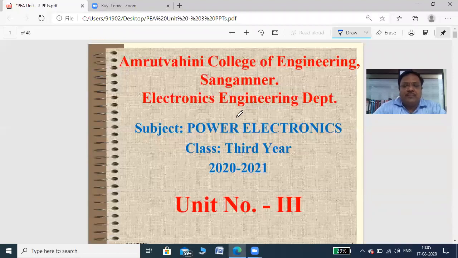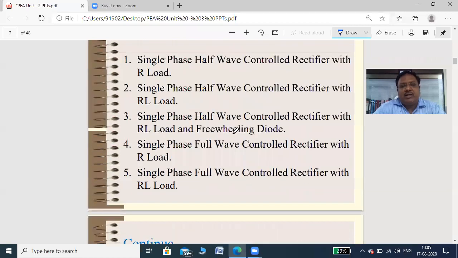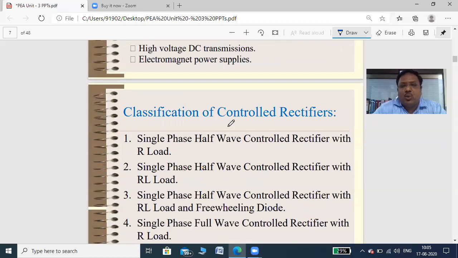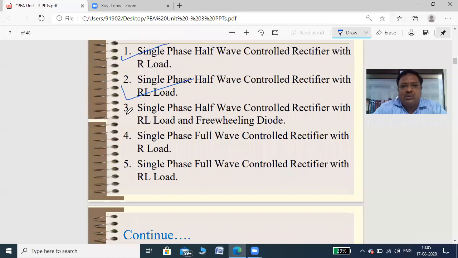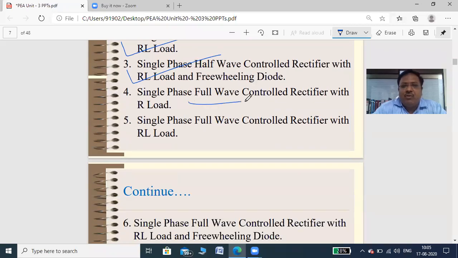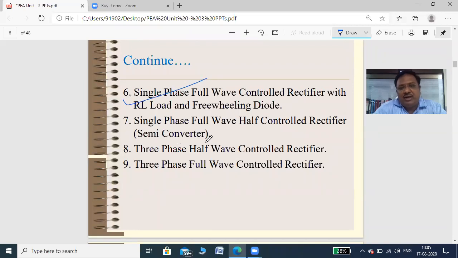So before that, what we have seen in this classification of controlled converters: single phase half wave controlled converter with R load, with RL load, single phase half wave controlled rectifier with RL load and freewheeling diode, then single phase full wave controlled for R, for RL and with freewheeling diode, and even the single phase full wave half controlled rectifier, that is called semi converter.